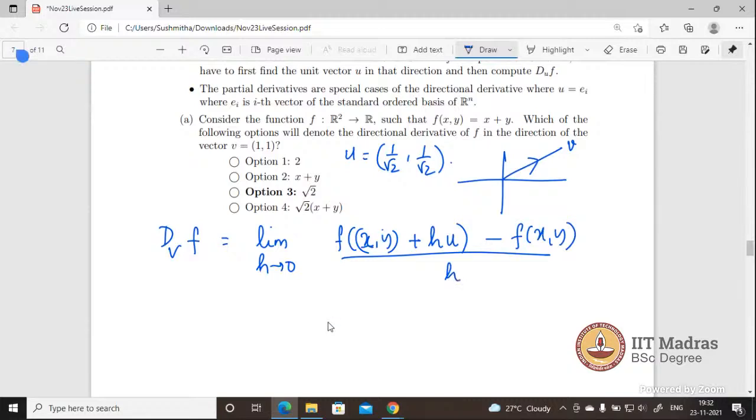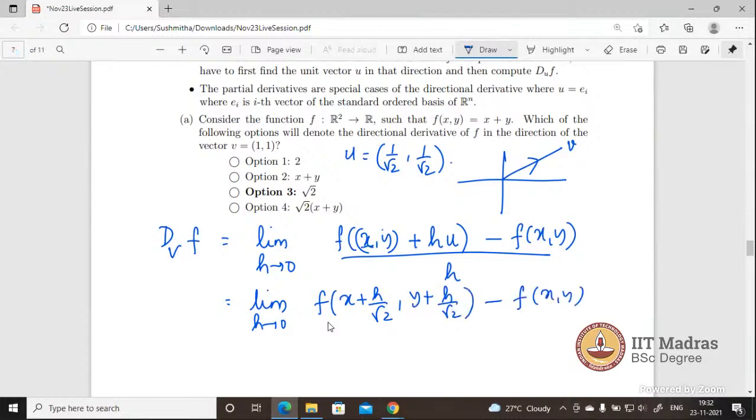Agree? So this is going to be the limit as h tends to 0 of f of (x plus h by root 2, y plus h by root 2) minus f of (x, y), divided by h. Can you see that you just cannot differentiate taking one variable as constant here?